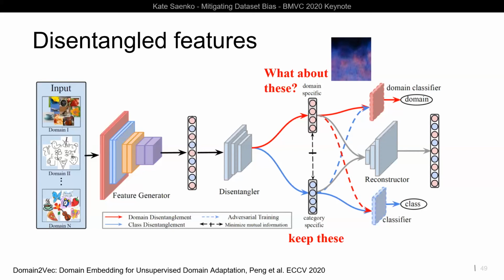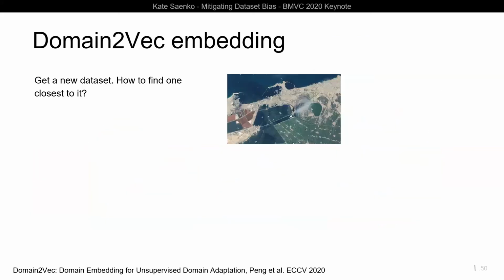And so we can use these features actually to measure distances between different domains. And this leads us to propose domain embedding, which we call domain to vec, which can be used to project whole data sets or entire domains into a vector space and then measure distances between them in that vector space.